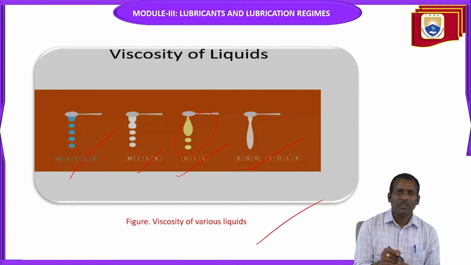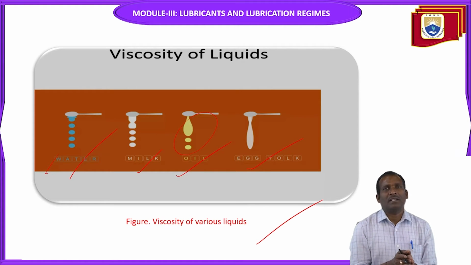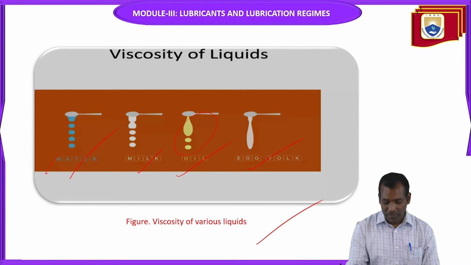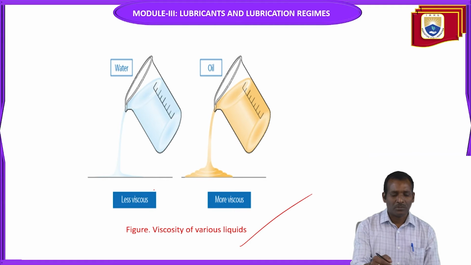Here the lowest viscosity is water. This is the measurement of the liquid, and that is called viscosity. Viscosity measures the quantity of the oil flow, and by using this viscosity property, you can measure it. See in this figure, the less viscous water and then oil are also shown.